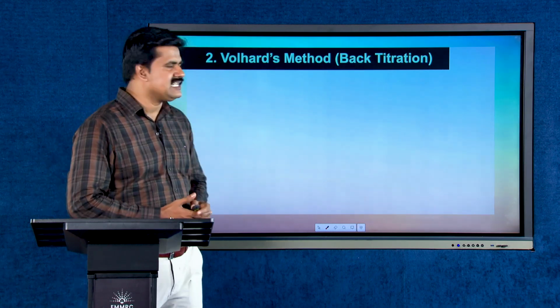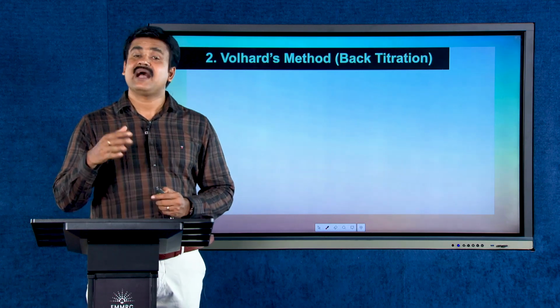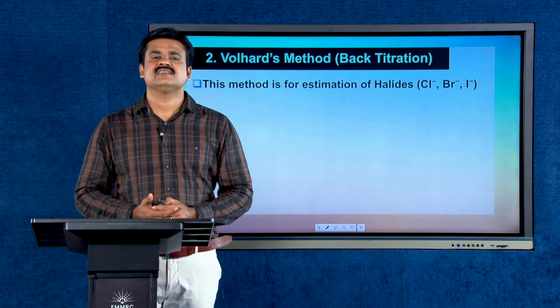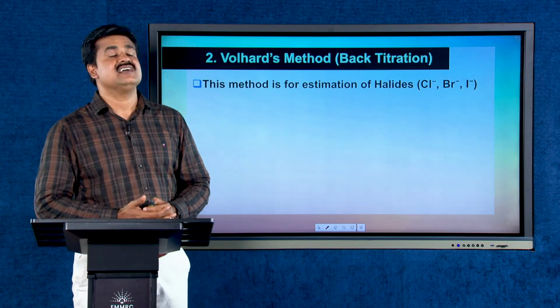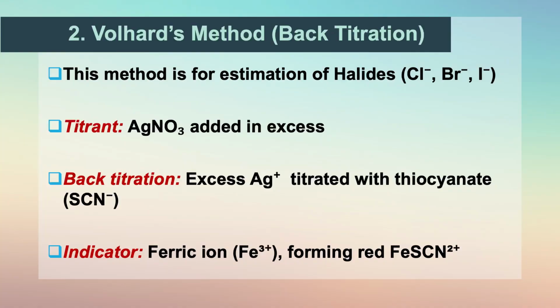Now another method in precipitation titration is here. This method is called Volhard's method. This method is a back titration method, and it is specifically used for the estimation of halide ions, preferably Cl minus, Br minus or I minus. Here also the titrant is AgNO3, and this AgNO3 should be added in excess during the course of the reaction.